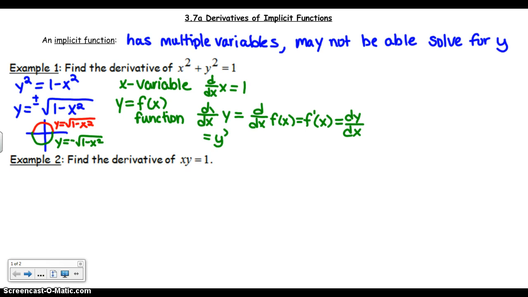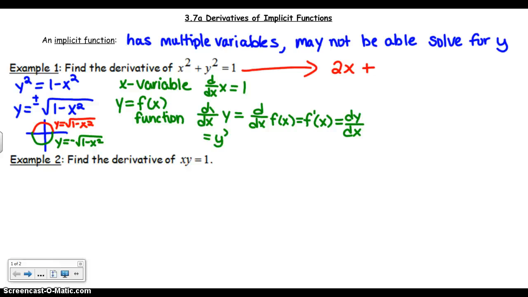So to find the derivative of this implicit function, you want to just find the derivative of each term. The derivative of x squared is 2x plus, so y squared, again, you have to treat that as a function. So what you're really asking here is, what is the derivative of a function squared? So you have to think chain rule with this.